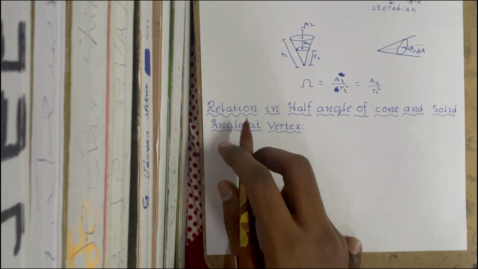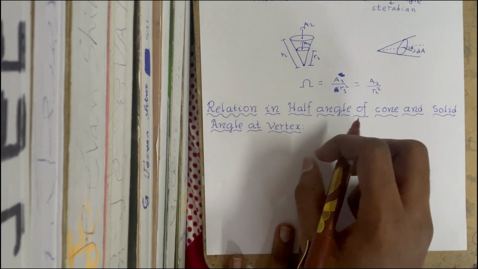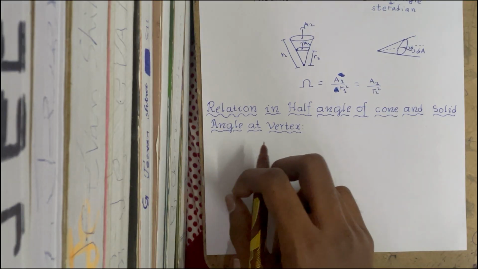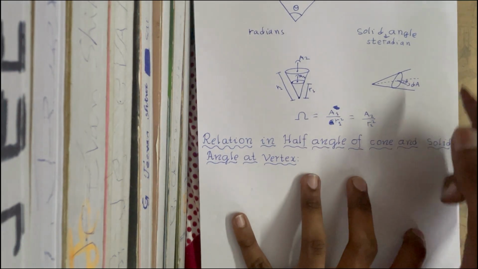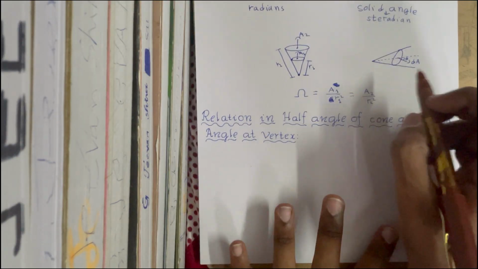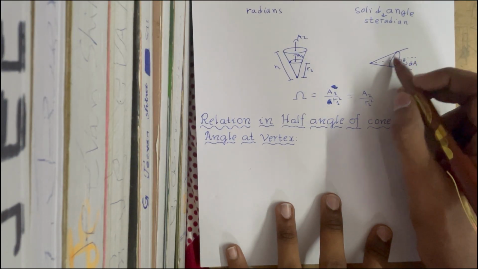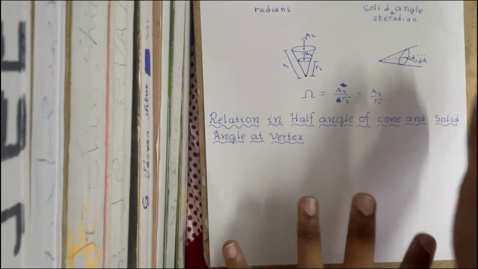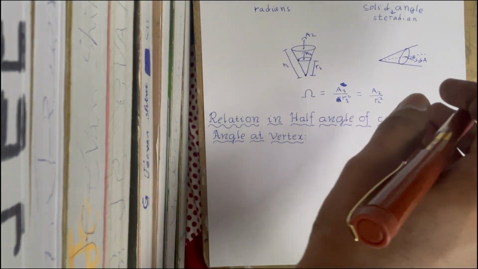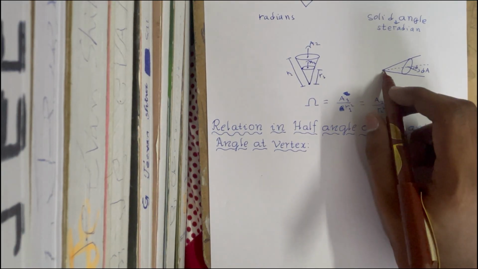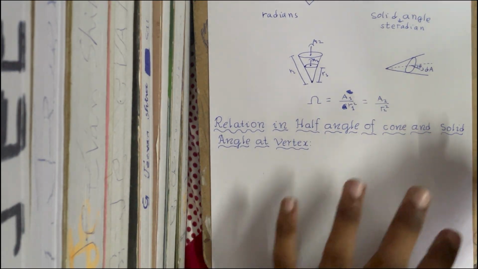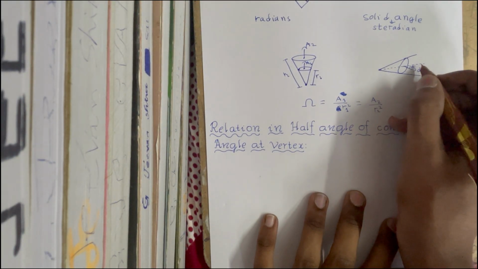Okay, now we are going to discuss the relation between the half angle of a cone and the solid angle at the vertex. Before that, I want to conclude that if there is a surface like this and an area like this which is not normal to the surface, then we need to resolve it into a component which is normal.